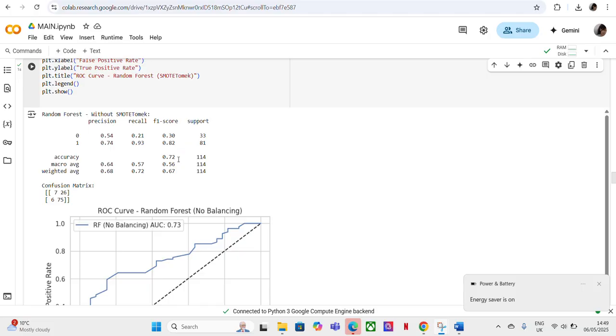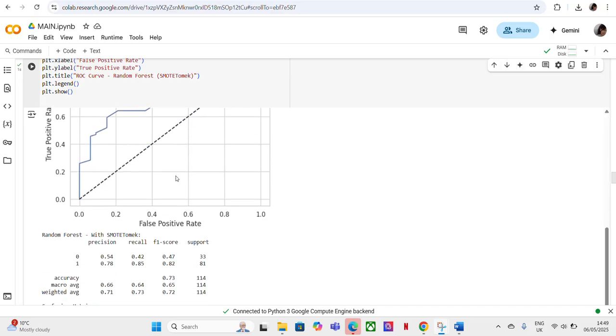Here it is showing the issue of poor performance for class 0, because when we check the confusion matrix, we can see that only 7 out of 33 were predicted correctly. So the class imbalance is not being handled effectively, especially for class 0.